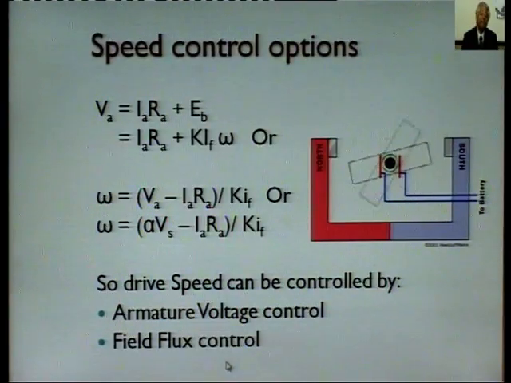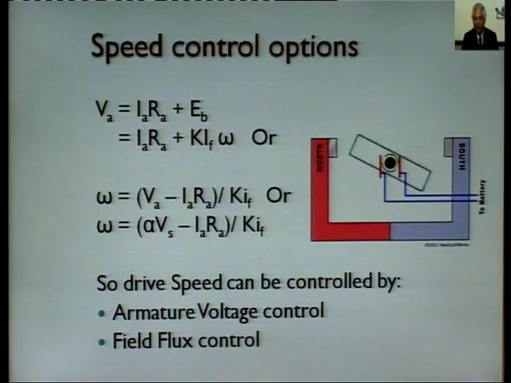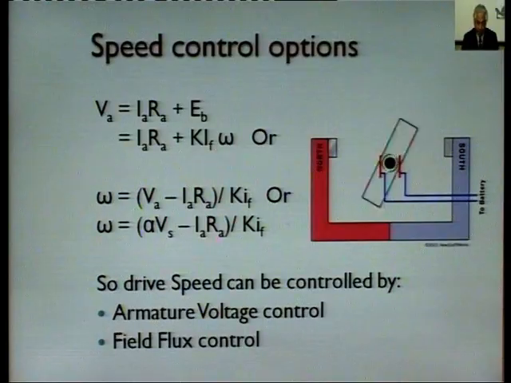Now, you can see from these equations that there are two factors which affect the speed of the drive. One is the armature voltage, another is the flux. If you vary the voltage, you can vary the speed of the drive; you can change these aspects, that is armature voltage and field flux control.